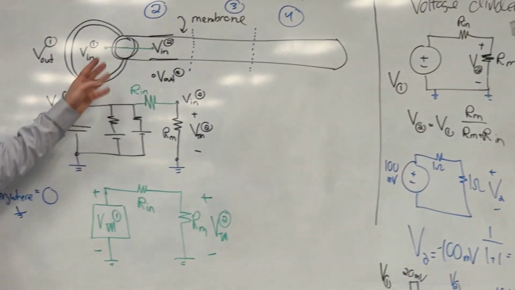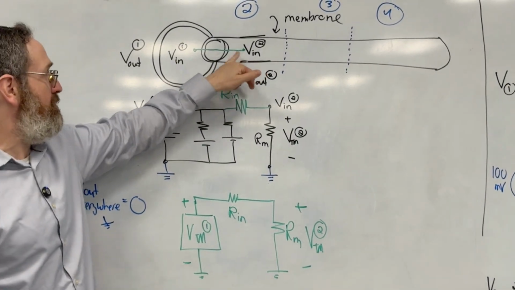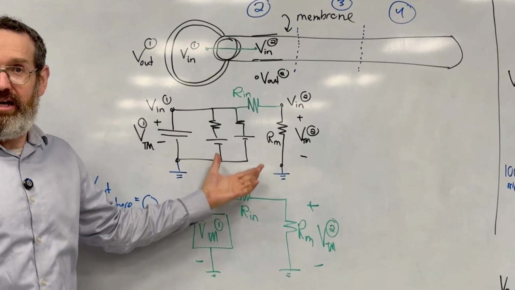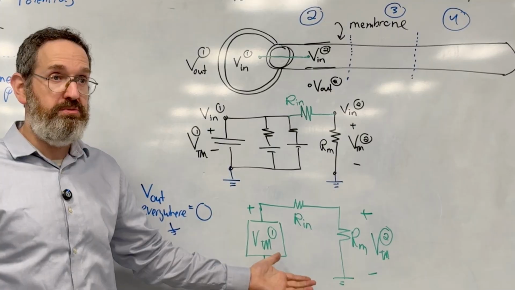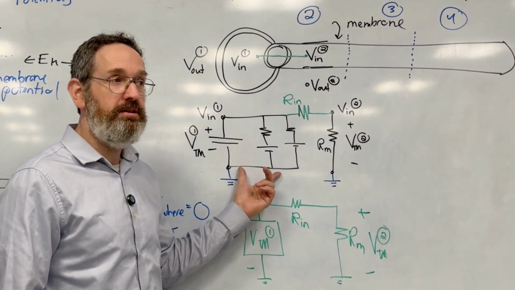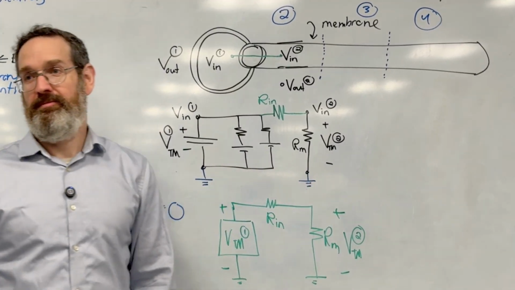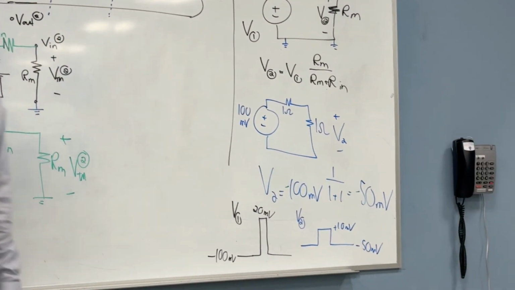Now, I had to do some stuff to get there, admittedly. I represented this as a resistor. You may not accept this, but if you're willing to accept this, we simplified further to this point, and now we understand that whatever happens here is going to be reflected here, but a little bit smaller.